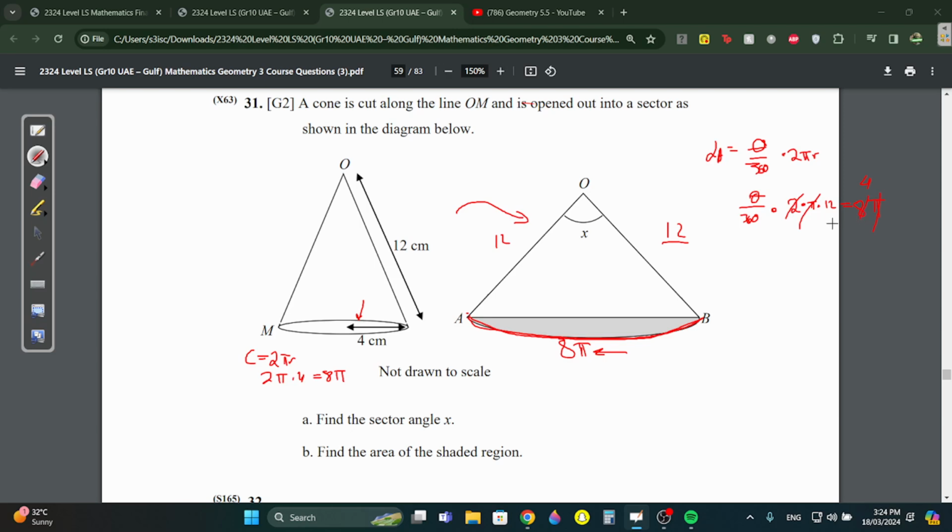Then theta over 360 times 12 equals 4, then divide by 12. So theta over 360 equals 4 over 12. Then theta is 4 over 12 times 360, which gives theta equals 120 degrees.